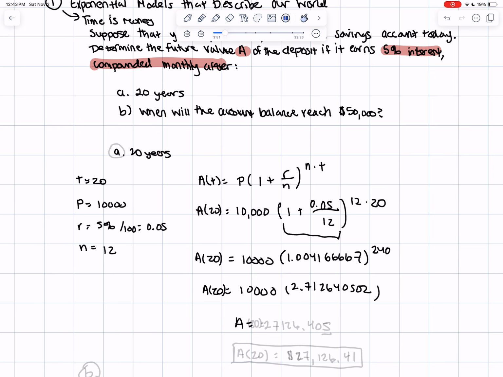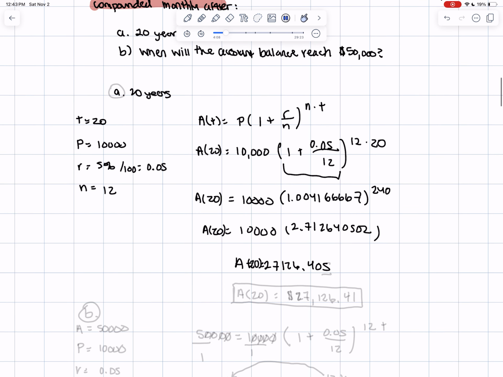So A of 20 will give us $27,126. Then I'm going to round it to the tenth position, so it'll be 4 to 1 because we have a 5 here.